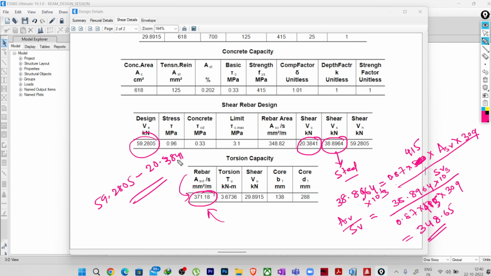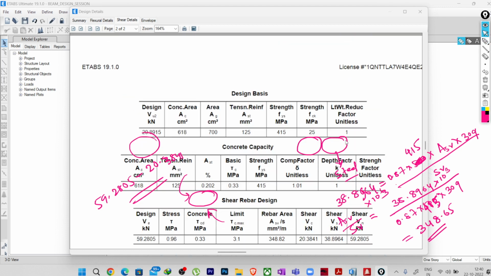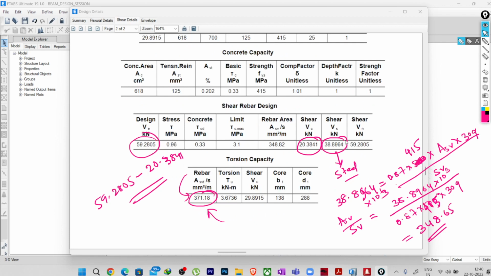Can you check it once again? 348, but we are getting some higher values here. If your calculated result is this, but still we are getting some higher value here.